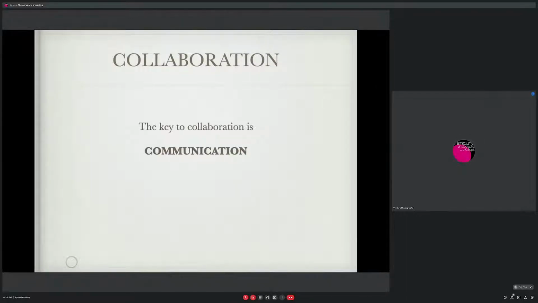So, in order to get someone to collaborate with you, you've got to get them to buy into it. The key to that is that you need to be able to communicate with them. And I think communication is a word that a lot of people are terrified of.